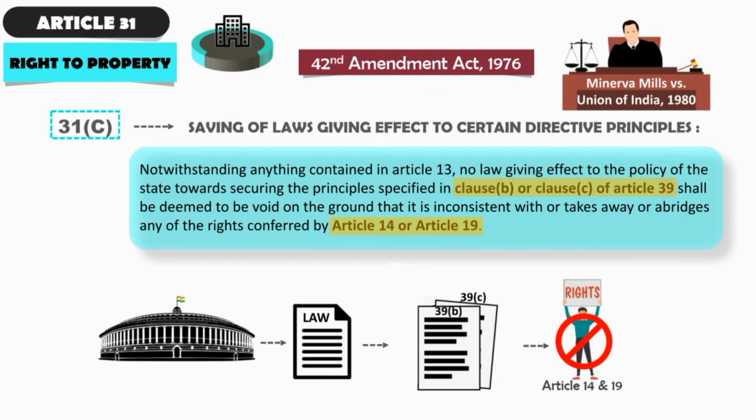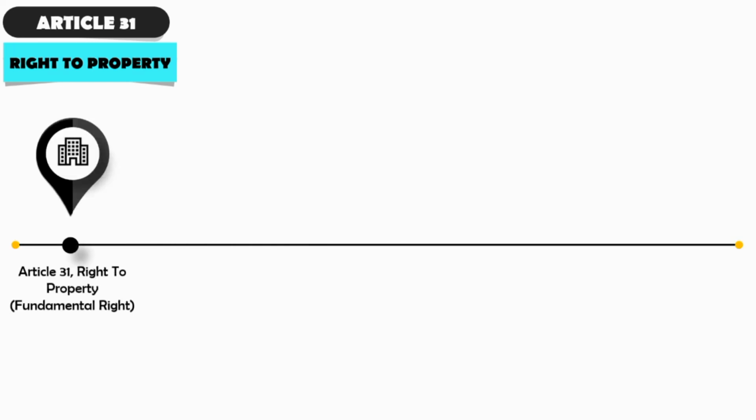So far, whatever we have read in this video and the previous video, we have read everything under Article 31, that is right to property. Let me give you a short summary of the previous and today's video. Article 31, that is right to property, was part of fundamental rights since our constitution came into force, that is 26 January 1950. Apart from Article 31, right to property was also talked about in Article 19 Clause 1F. When the government started facing problems in acquiring property, then Article 31 was amended.